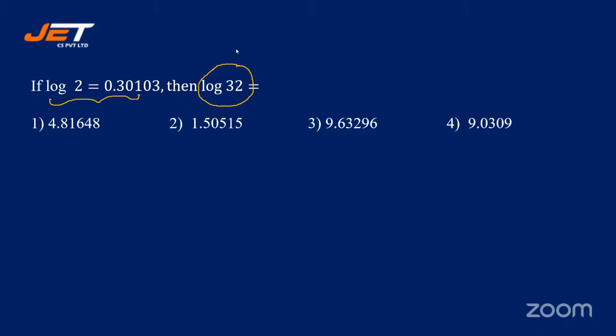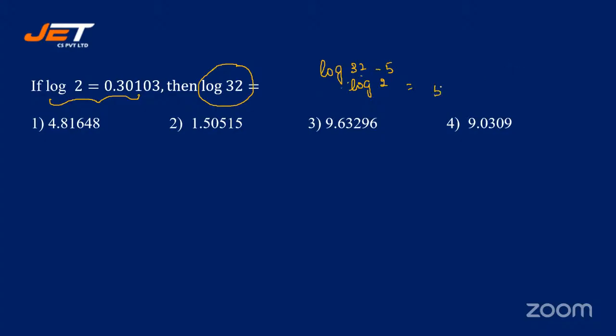So now how do you solve this? See here, log 32 can be written as log 2 to the power. Now this 32 can be written as 2 2s are 4, 4 2s are 8, 8 2s are 16, 16 2s are 32. Isn't it? So 2 to the power 5. So this will come here.